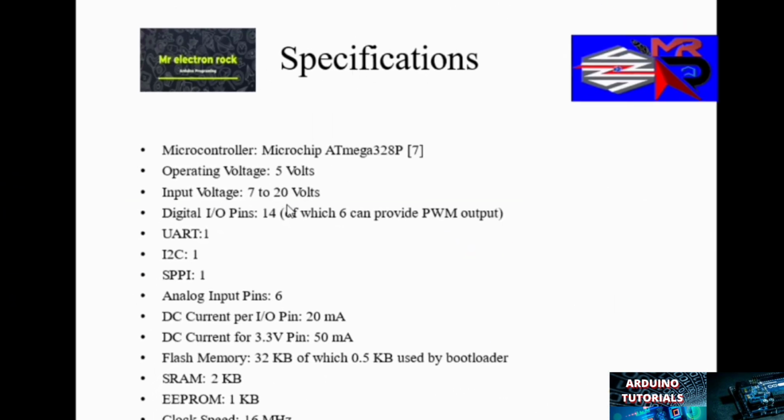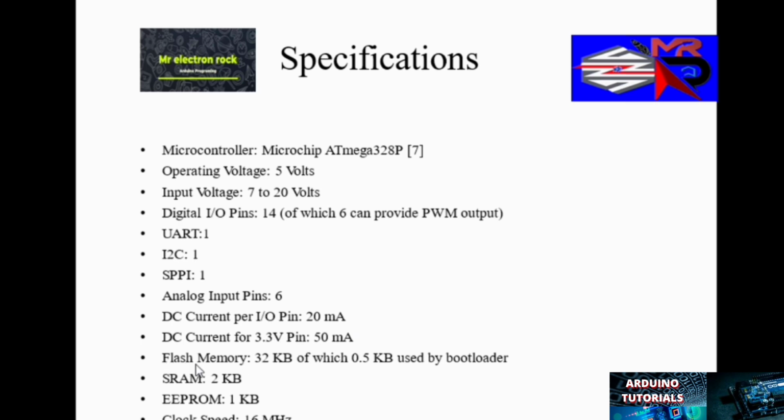These are the technical specifications of an Arduino UNO. The microcontroller used is the ATmega328P. The operating voltage is 5 volts and the input voltage is around 7 to 20 volts. Digital input output pins are 14, and you have UART, I2C, and SPI communication. Analog input pins are 6, and you can check the current it consumes.